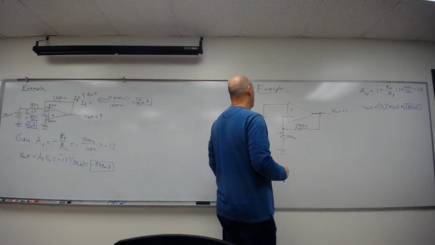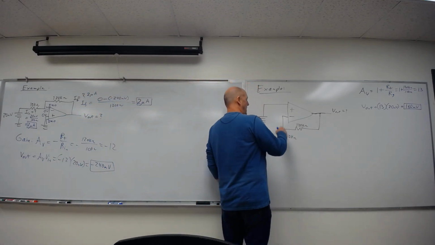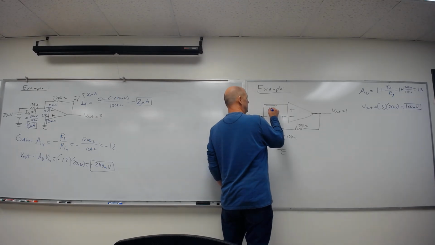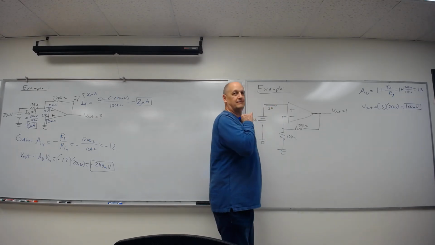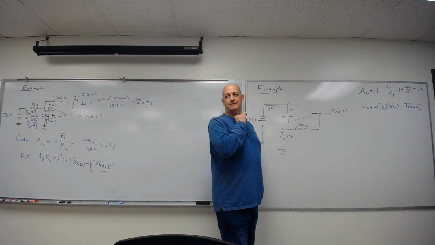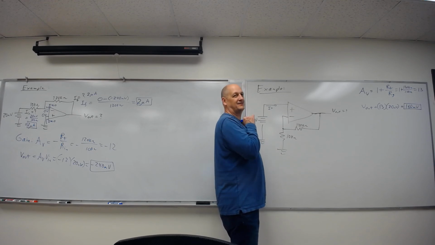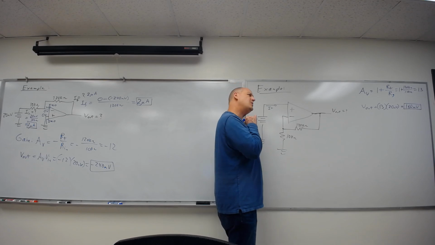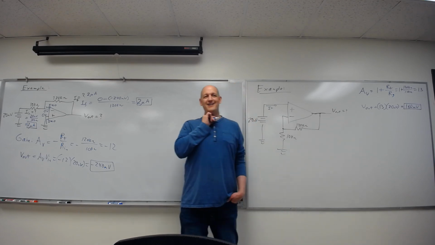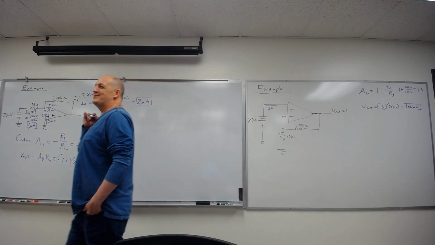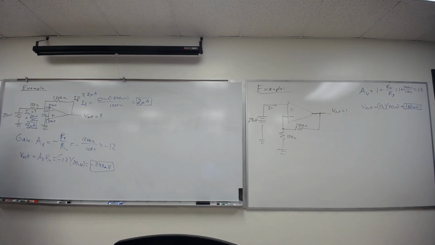Okay, now what else can I do? My current here. What's my current? Oh, don't make this harder than it is. What do we say my assumptions for my op amp are?